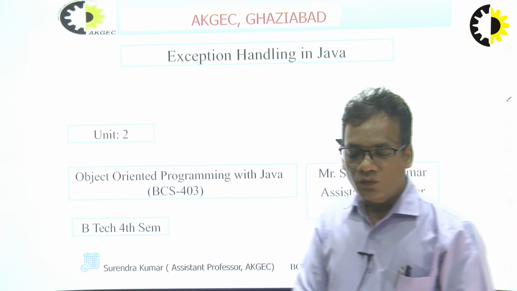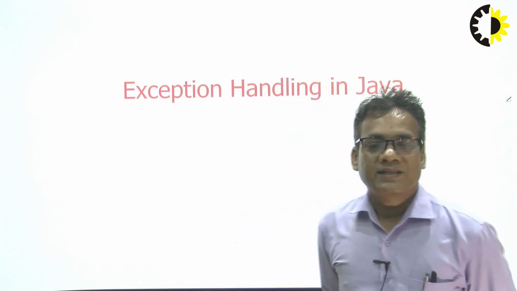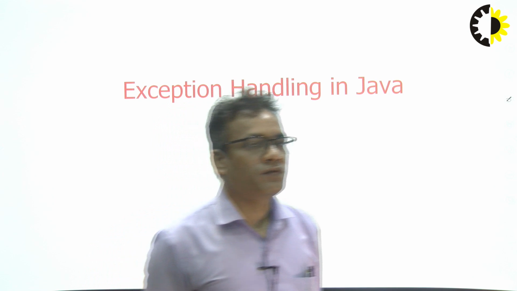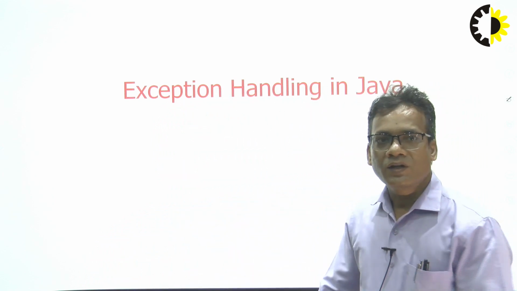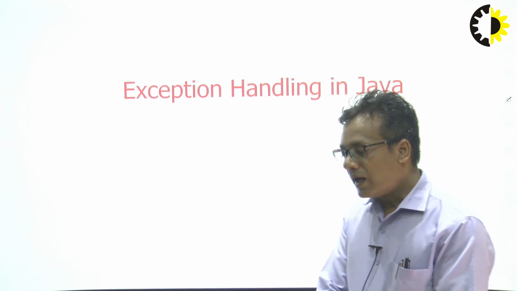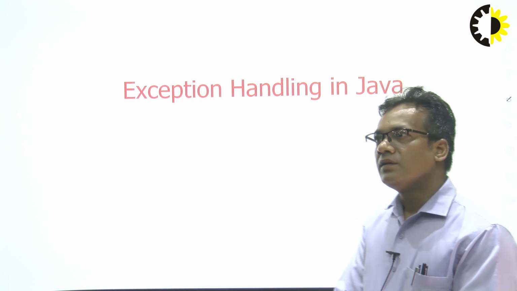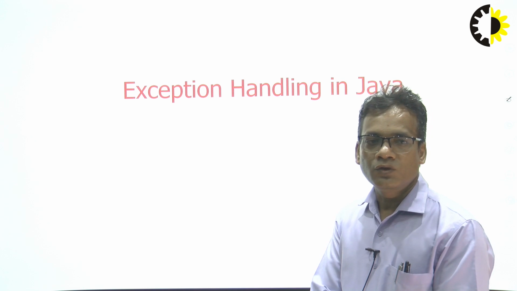So what is exception? If you talk about the exception, exceptions are those conditions which we can't predict, or during runtime we are not able to handle those kinds of problems. So with exception handling we try to solve it during the programming.